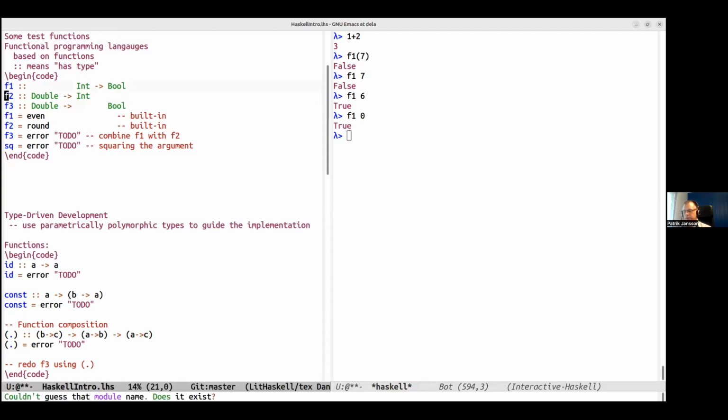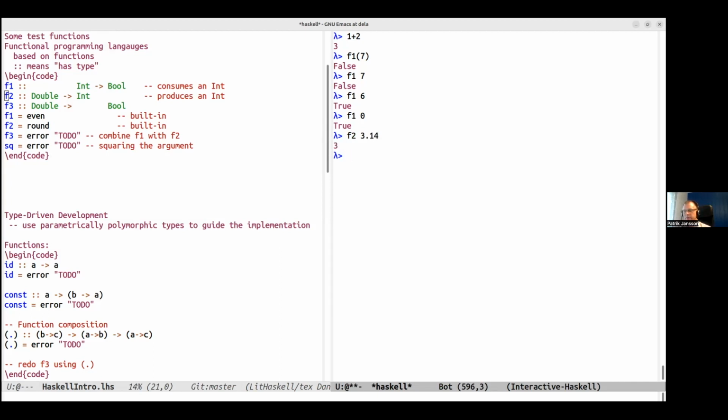Okay, another function, and I should also mention I have indented, I added spaces here just to show that there is something matching between F1 and F2. So F2 is a function that produces an integer. The previous one consumes an int, and this function produces an int. And if I want to use F2 on 3.14, for example, I will get 3.